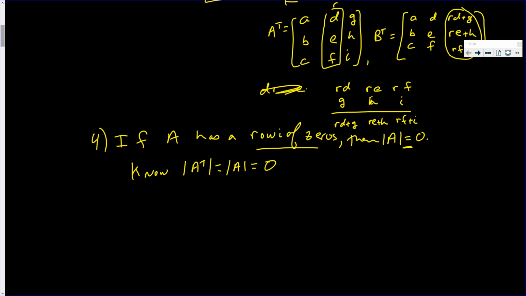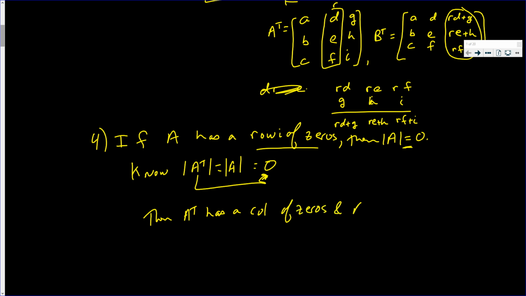So we don't even have to say this. But it makes complete sense that, based on this theorem, based on the fact that this equals 0, and A has a row of zeros, then A transpose has a column of zeros, and the determinant is 0.